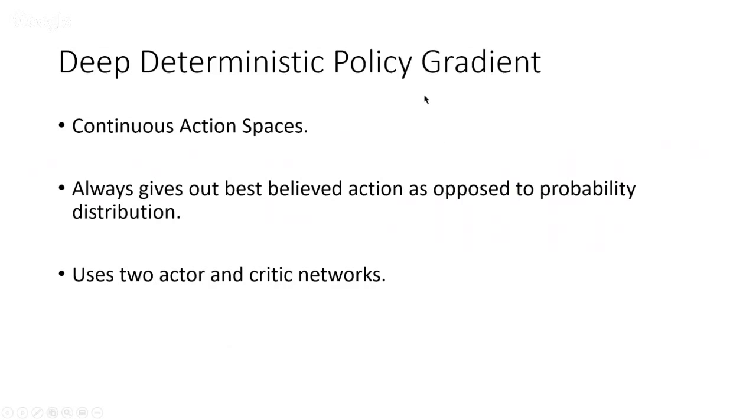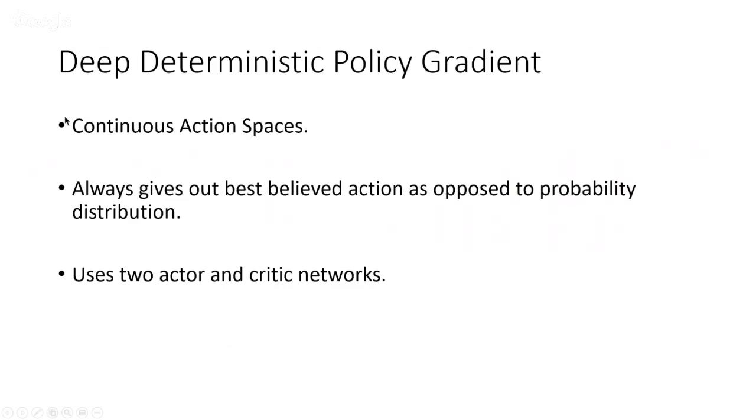So the actions are going to lie in a range. So what the network gives out is going to be believed as the best action, right? There is not going to be a stochastic policy like a distribution of actions. It's going to be just one action given out, and it's going to be believed as the best action, right?